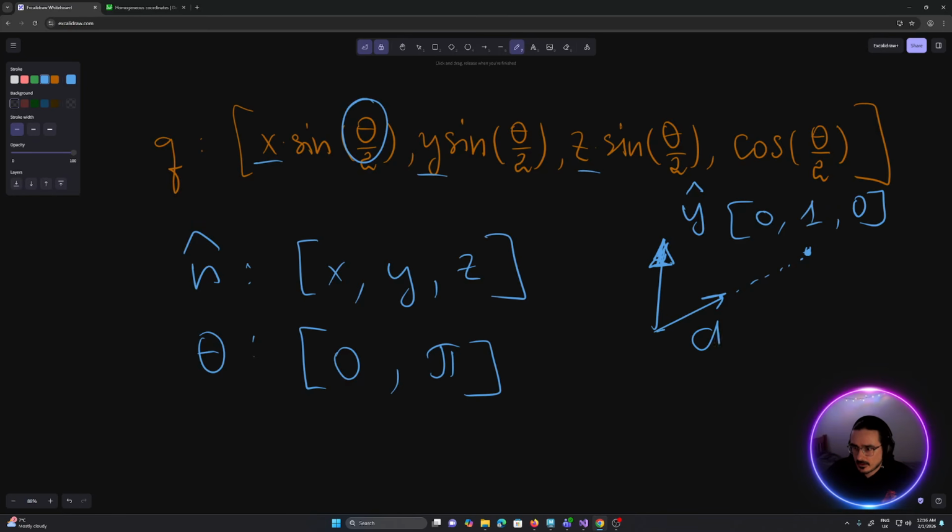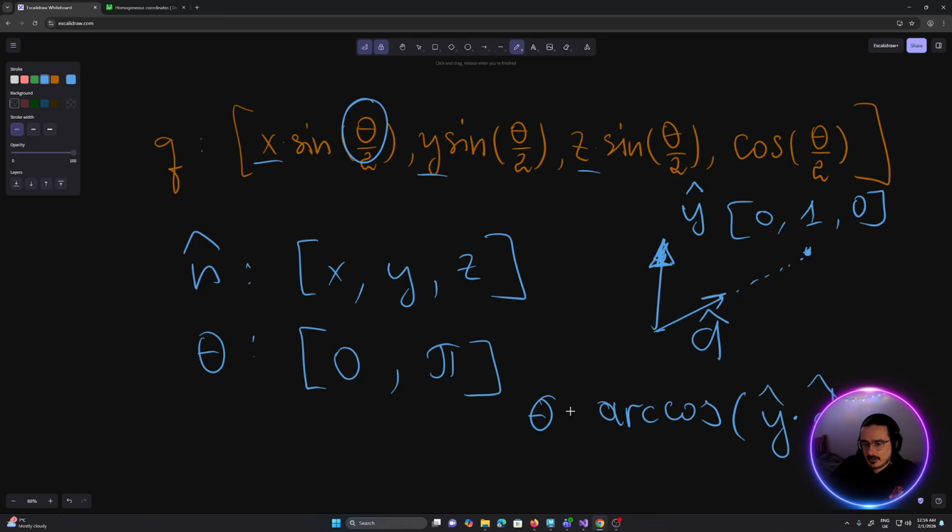And our delta vector, which should be normalized as well. And the angle would be our cosine of our y dot d.